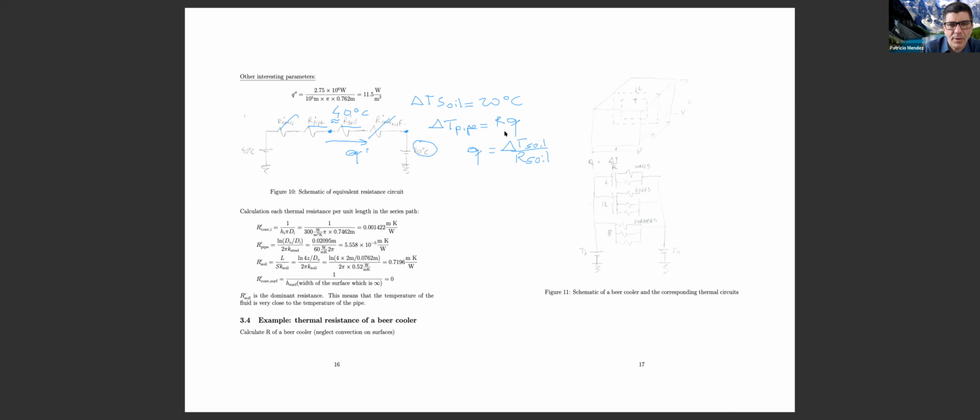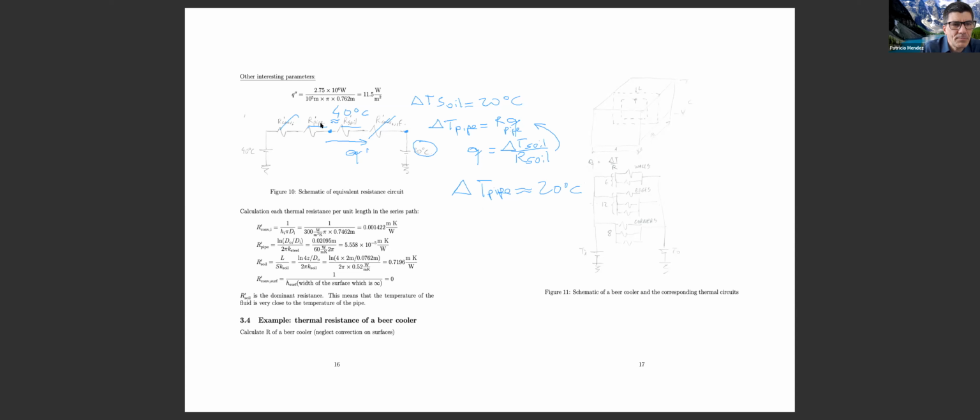And this is R of pipe. So if I were to replace this value of Q inside this delta T for the pipe, we would get that delta T of the pipe, if the thermal resistance of the pipe was the same as the thermal resistance of the soil, would be more or less the same as that of the soil. That would be 20 degrees C.